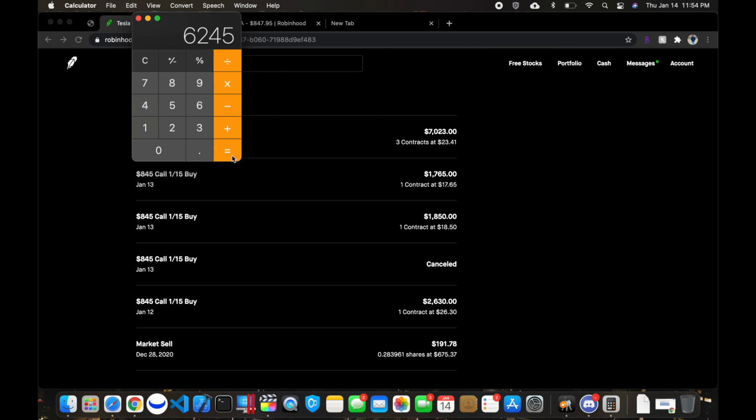So for this total I spent $6,245. So $6,245 I spent on this Tesla call. So I bought 3 calls and I spent $6,245. So right now let's subtract that from the $7,023, and my total net profit from Tesla was $778.